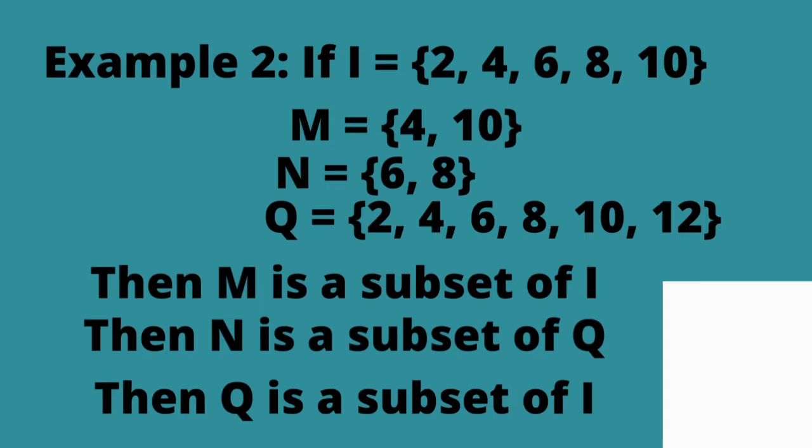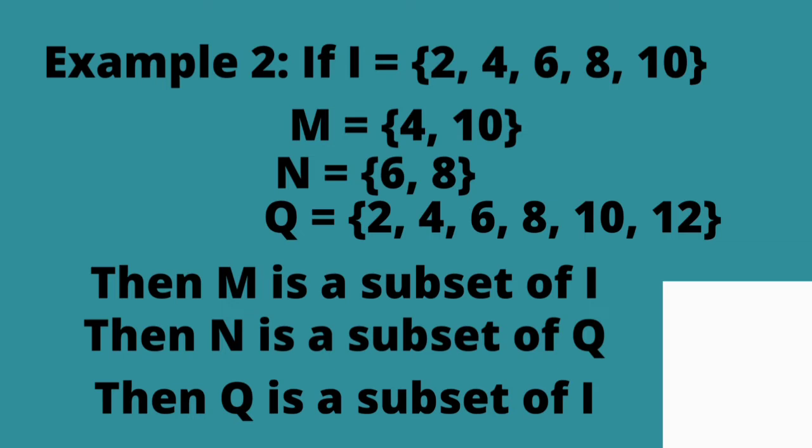If the elements in I are 2, 4, 6, 8, and 10, and the elements in M are 4 and 10, the elements in N are 6 and 8, and lastly, the elements in Q are 2, 4, 6, 8, and 10.